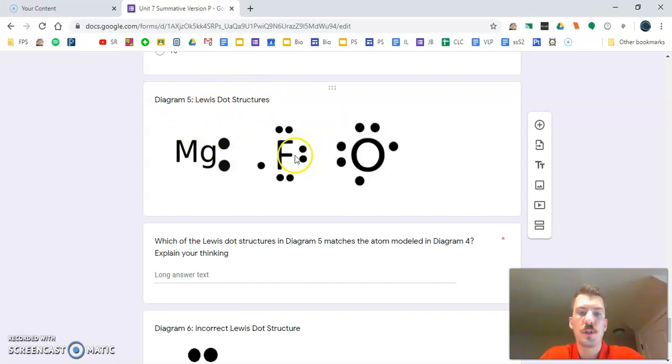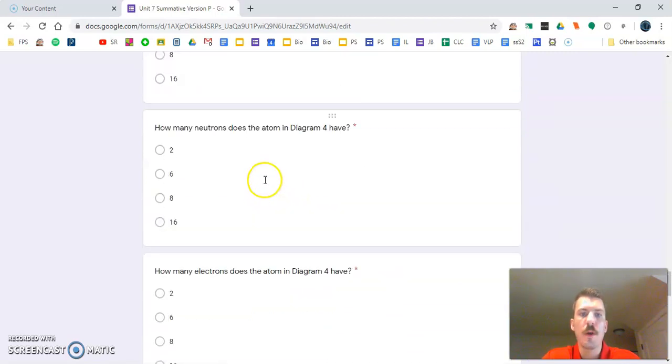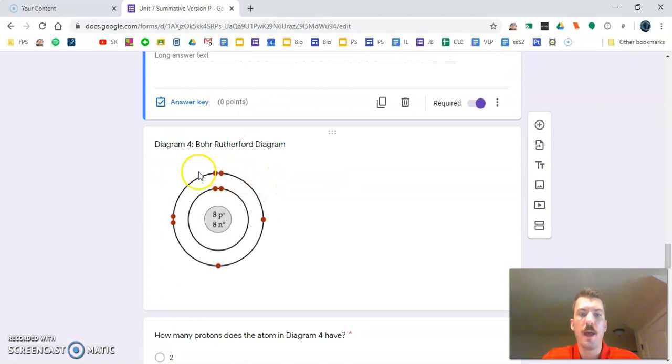So these structures show only the name of the element and its valence electrons. Which of the Lewis dot structures in diagram 5 matches the atom modeled in diagram 4? So you have to look at both diagrams. Remember, this diagram had 1, 2, 3, 4, 5, 6 valence electrons. Here's how simple this is.